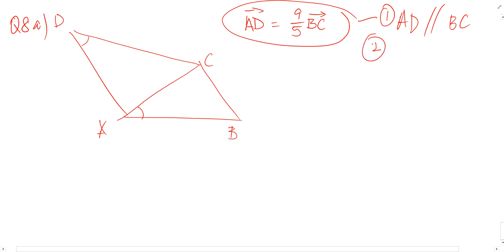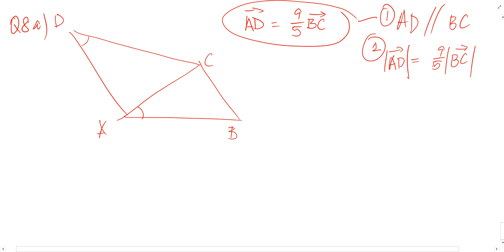What is the second thing that we can tell? Always two things only. They are parallel and tell me about the magnitude of these two vectors. They are the same. So we write down that magnitude of AD equals to? No, it's not the same as magnitude of BC. It is 9/5 times of BC. You must be able to write these two things down.